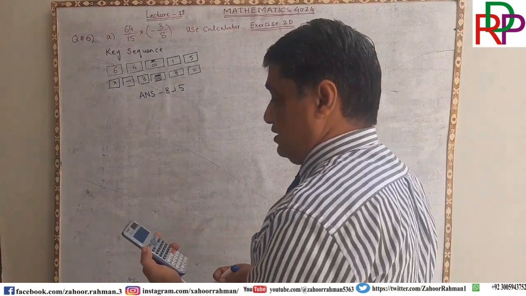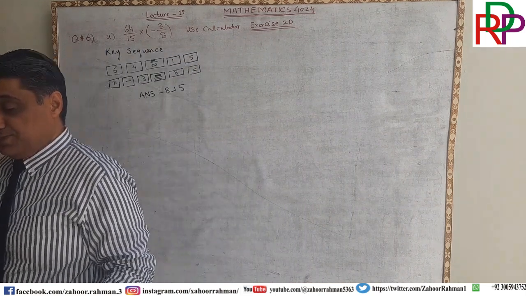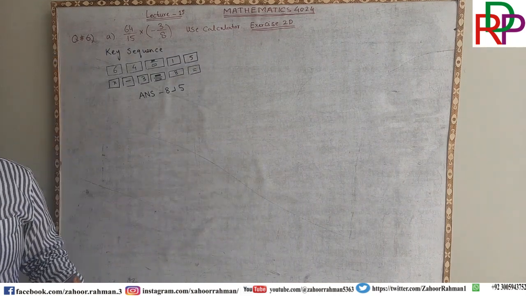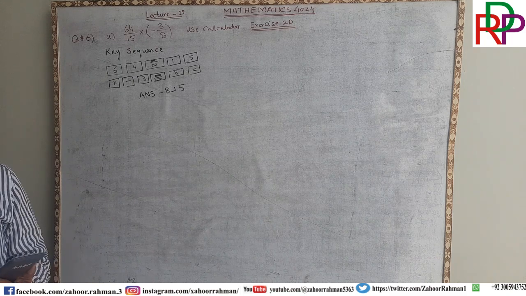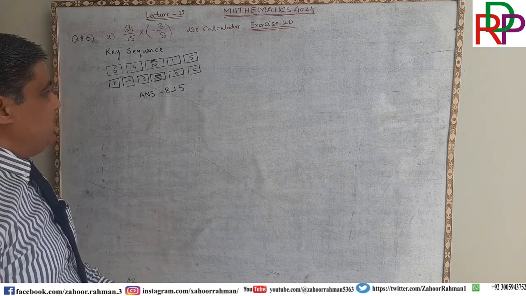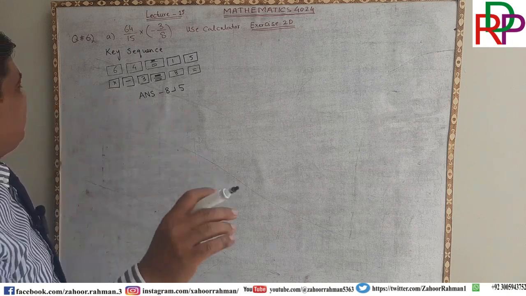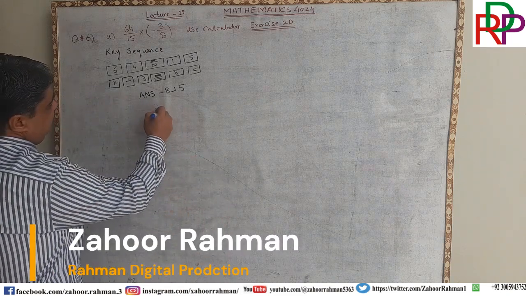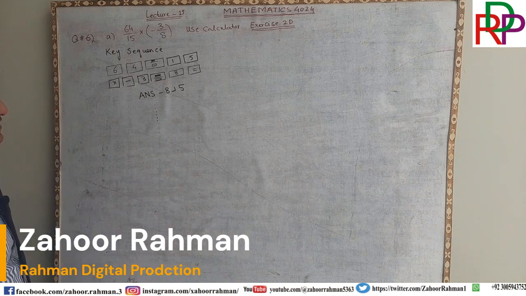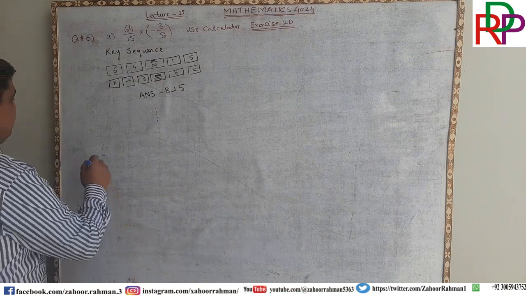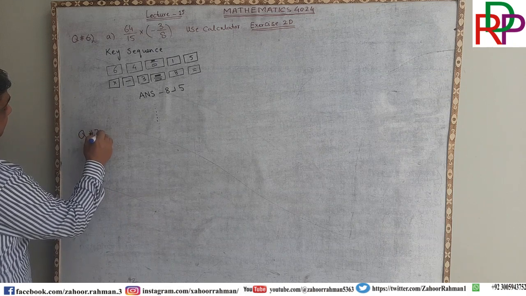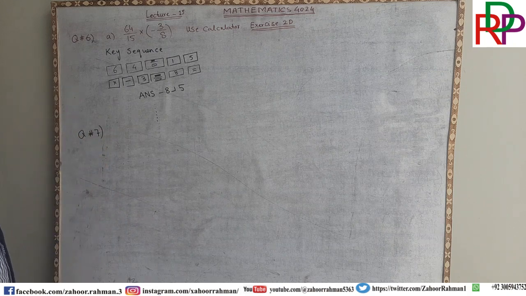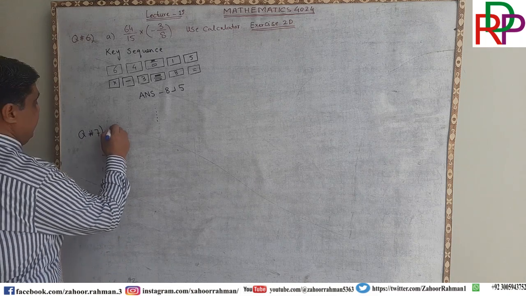So we did this question, and similarly you can do all the other questions. It is not a problem. So we are directly turning our focus to question number 7 and A part.